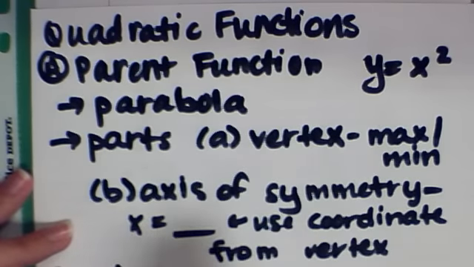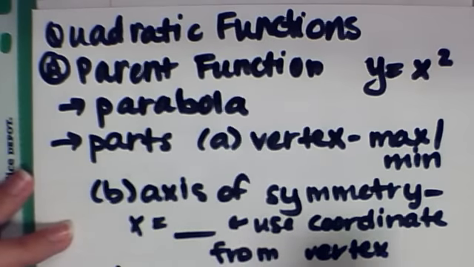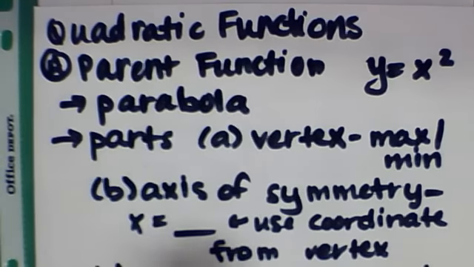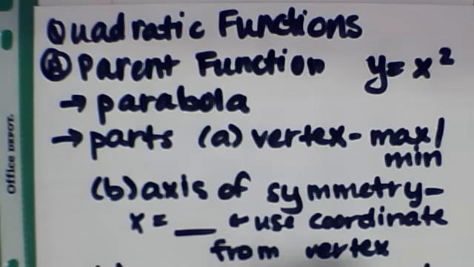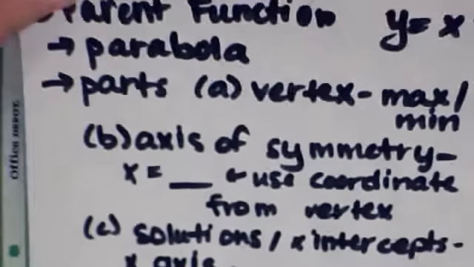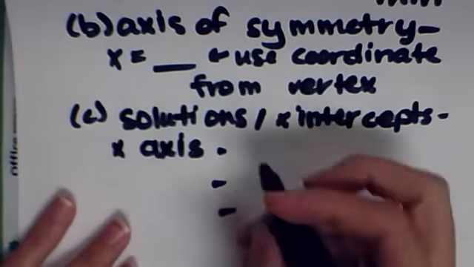And part C is the solutions, or the x-intercepts. Remember that an x-intercept crosses the x-axis, and in the case of how many solutions we might have, we could have one solution.